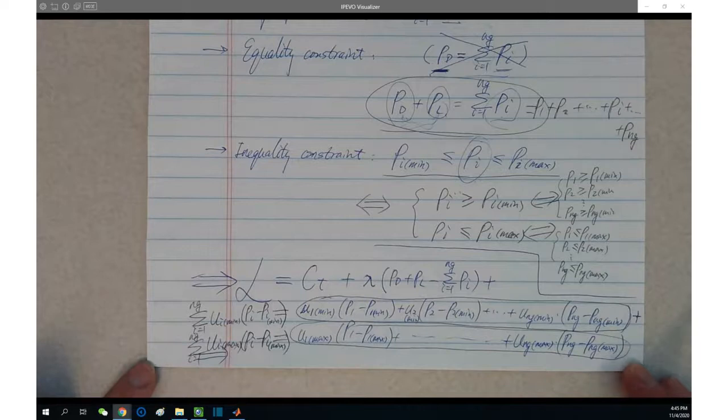This is so-called simplified. That's all you can do, just rewriting them. And then what's the next step?